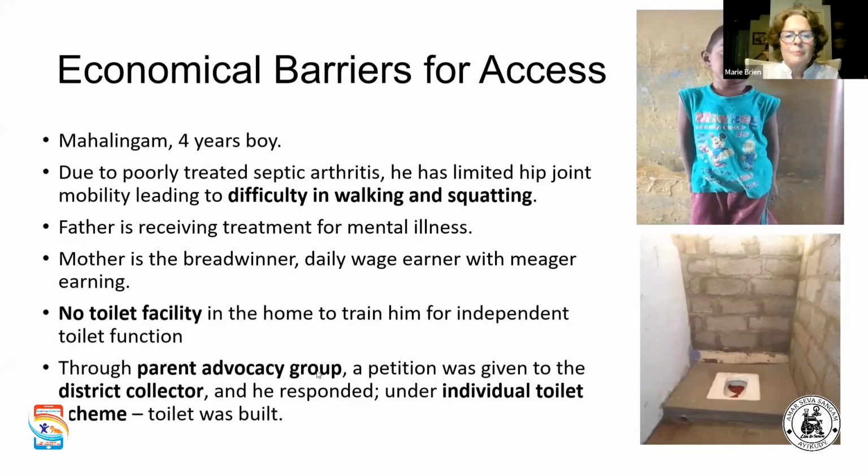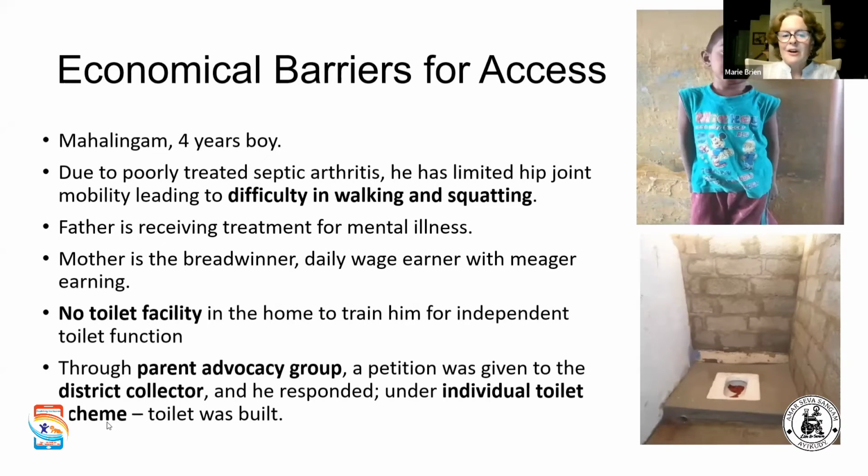Through parent group advocacy, the parent participating in an advocacy group gave a petition to the district collector, and the district collector responded that a grant was given under the individual toilet scheme, and a toilet was built for this family.